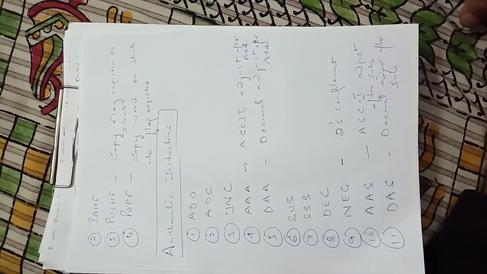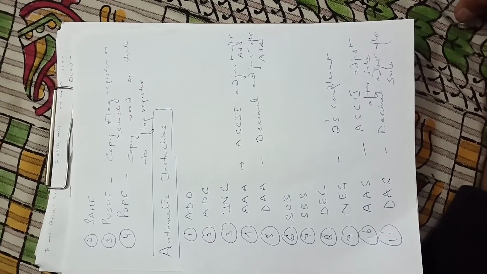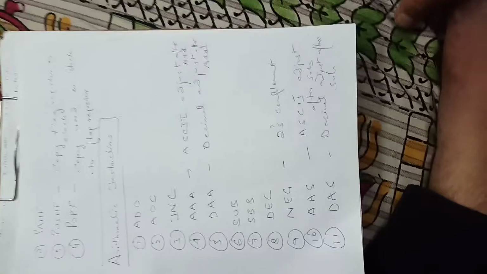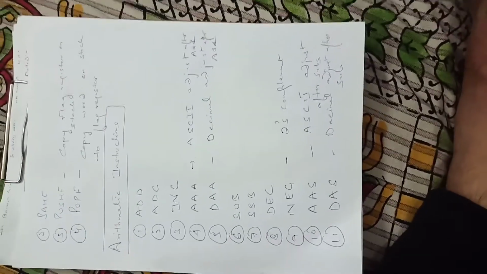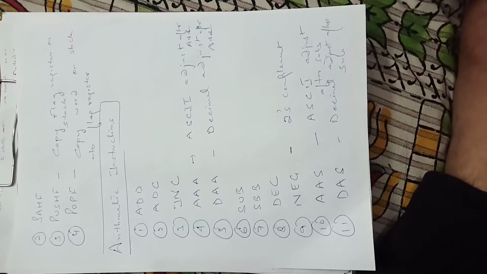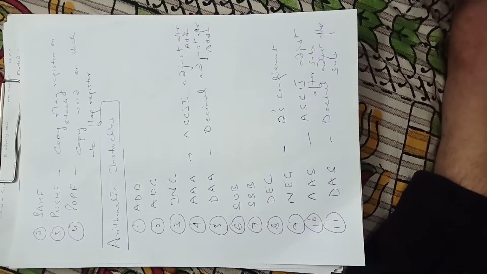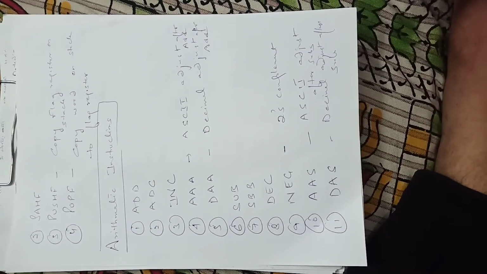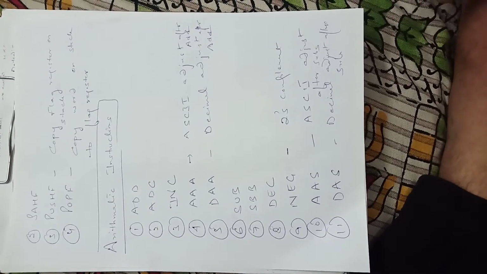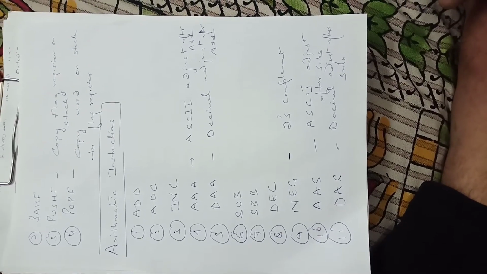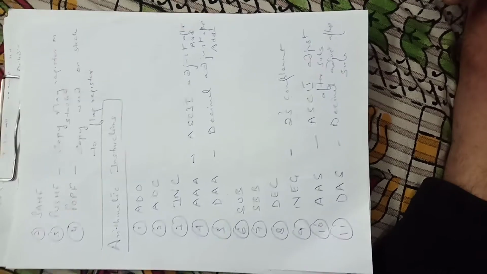Negate is basically used for 2's complement. When we perform a 2's complement operation, it can be performed directly in the case of 8086. There are many instructions that are in addition to 8085 because it is an advanced version of the microprocessor. So AAS is ASCII adjust after subtraction, and DAS is decimal adjust after subtraction.